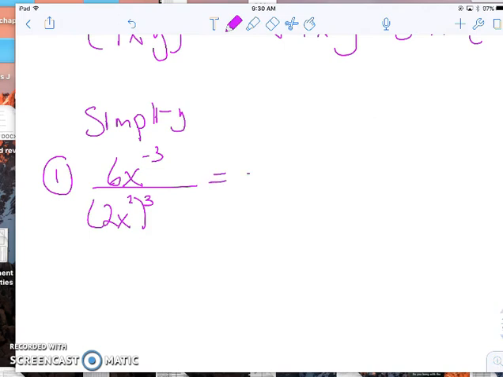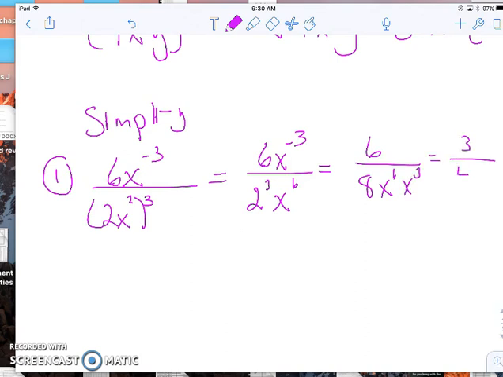Well, let's see. 6x to the -3, this becomes 2 to the 3rd x to the 6th. So let's see, 2 to the 3rd is 8, x to the 6th, x to the 3rd. 6 over 8 is 3/4, x to the 9th.